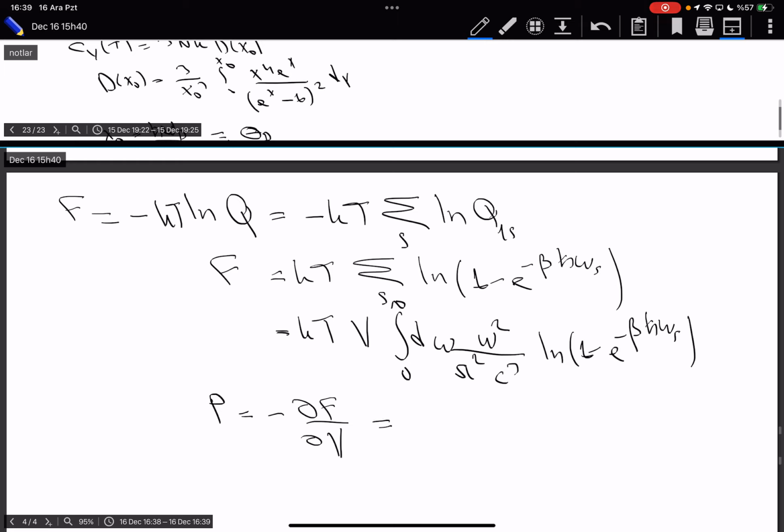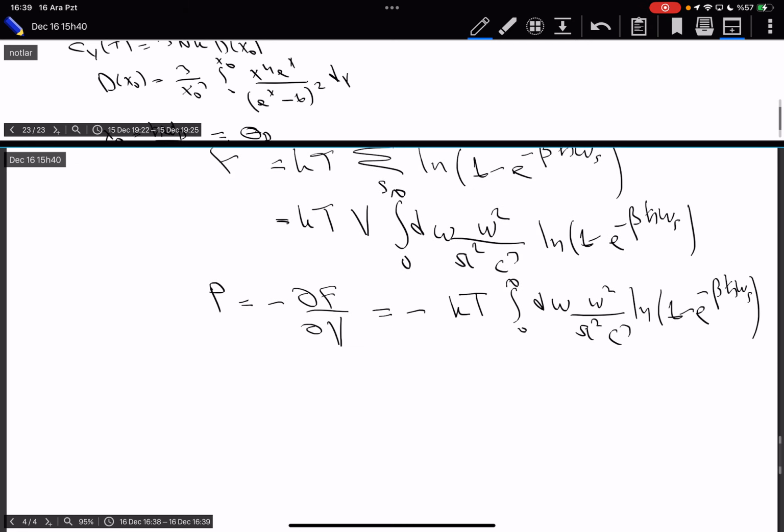Which is minus kT times the logarithm of 1 minus e to the power minus beta h bar omega S.